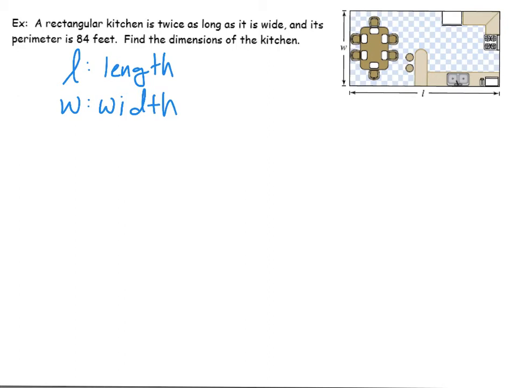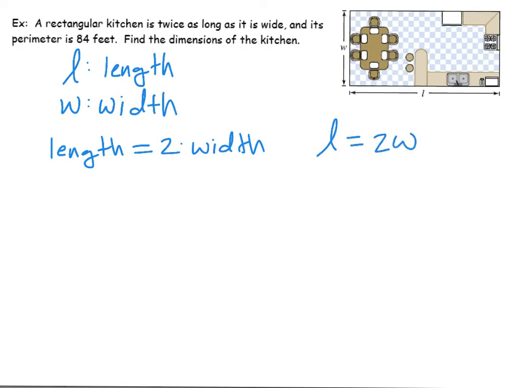Now to go to my verbal model, this told me that the length of the kitchen is 2 times the width. If I want to go with my variables, I could say that L, which is right here, is 2 times W. L is 2 times W.